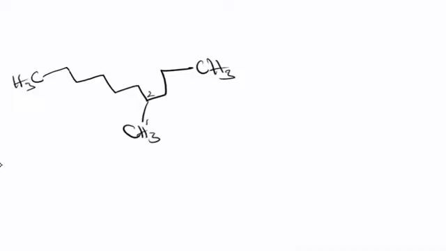But what if I go back and count from here? I'll have 1, 2, 3, 4, 5, 6, 7, 8, 9, 10. I'll have 10 carbons. So the right way to count is to count from here and not from here, because I want to count in a way I'll have the longest straight chain to have the name.